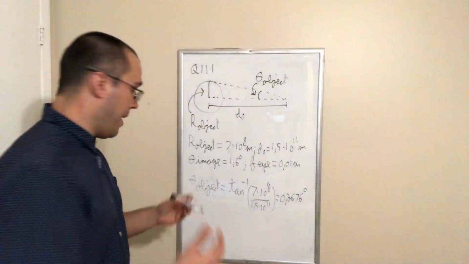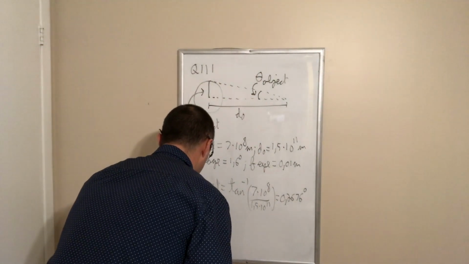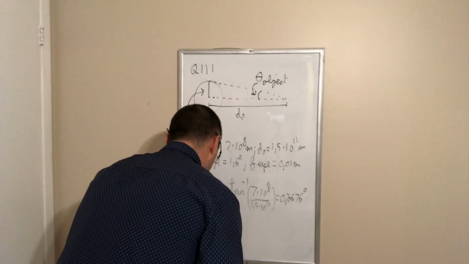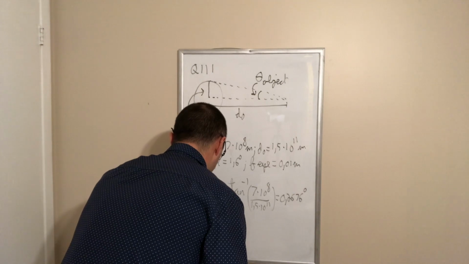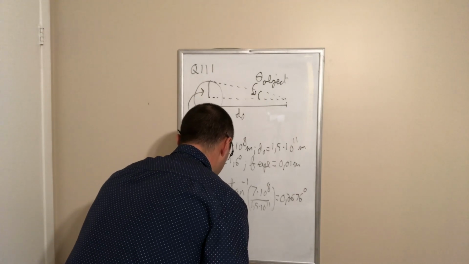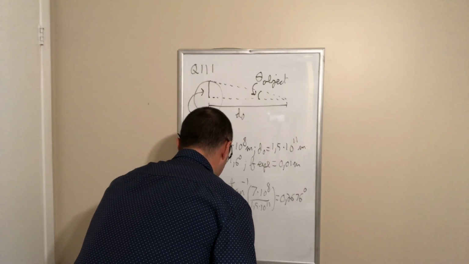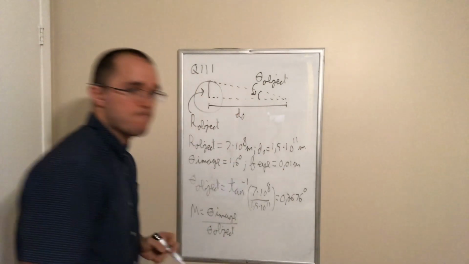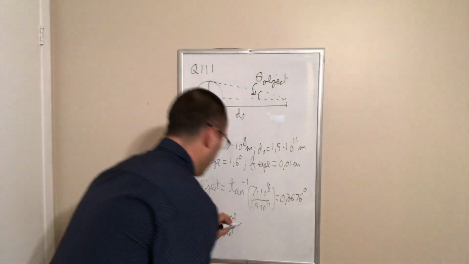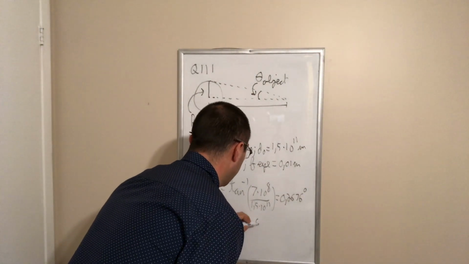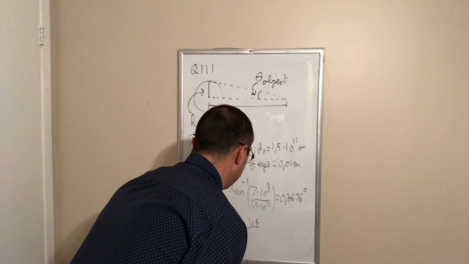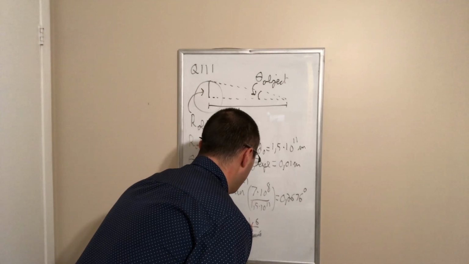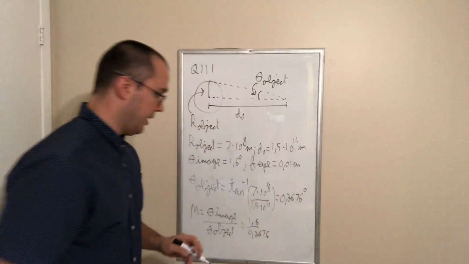Now, if we want to find the magnification, we take the angle of the image divided by the angle of the object. So 1.6 divided by 0.2676.